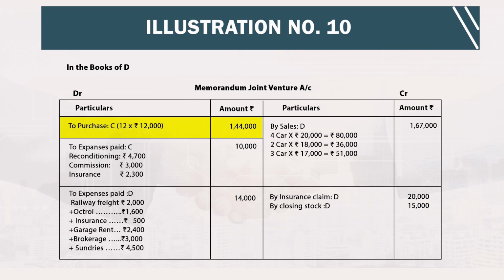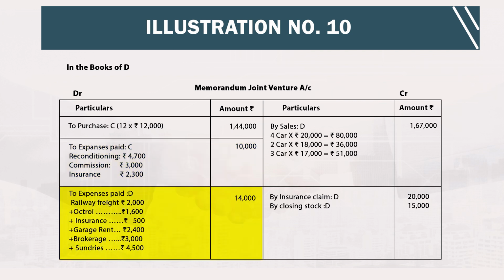To purchase by C, 12 cars at the rate of rupees 12,000, total amount 1,44,000. Expenses paid by C: reconditioning rupees 4,700, commission rupees 3,000, insurance rupees 2,300, total amount 10,000, that will be on the debit side of the memorandum joint venture account.